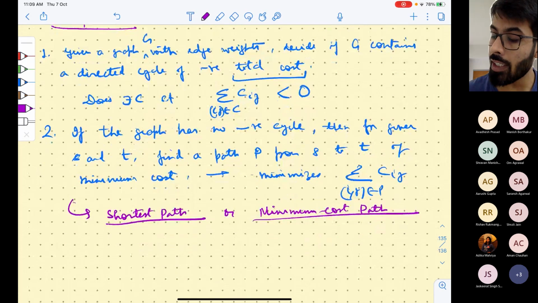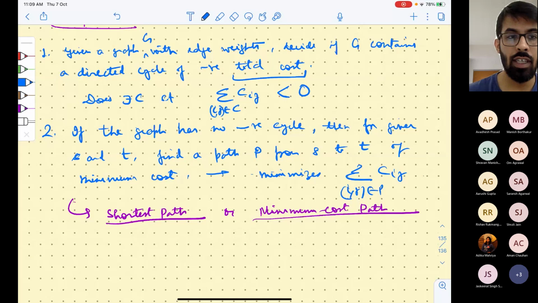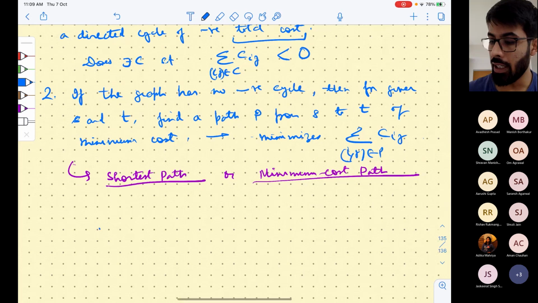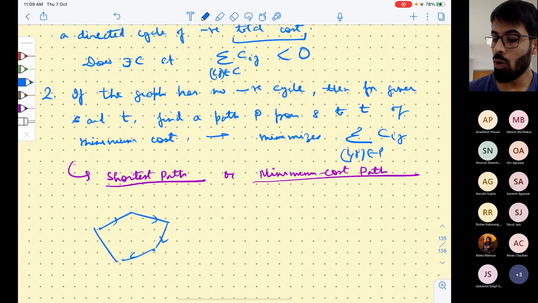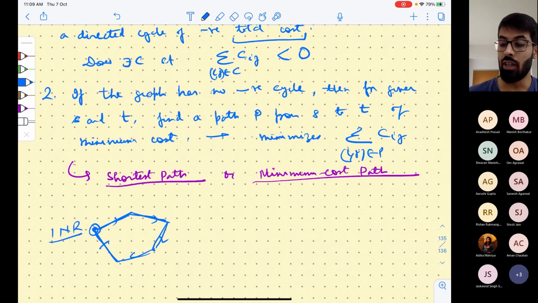And why we want to detect such things like negative weight cycles is because they might be useful in modeling, as I said, for currency exchange. You want to know whether you can start from some currency like INR, exchange the currencies and come back to INR and in total make a profit.